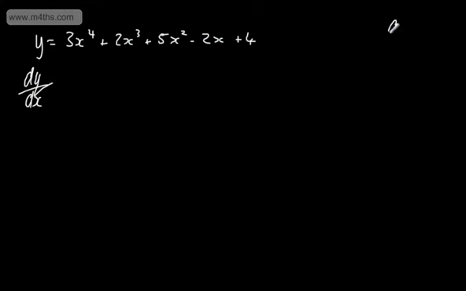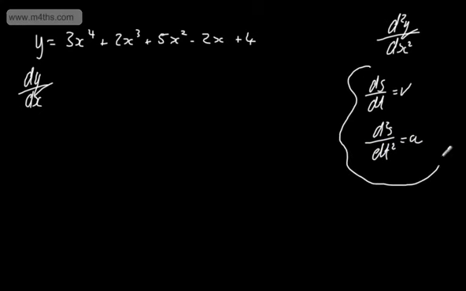If I wanted the second, d2y by dx squared. So if we go way back to my first example, we had ds by dt was equal to v. If we differentiated this again, d2s by dt squared would give us the acceleration. So we can differentiate twice. In this particular case, we can certainly differentiate twice.